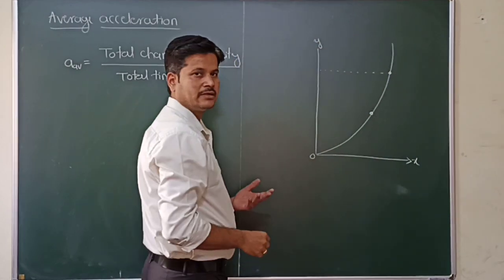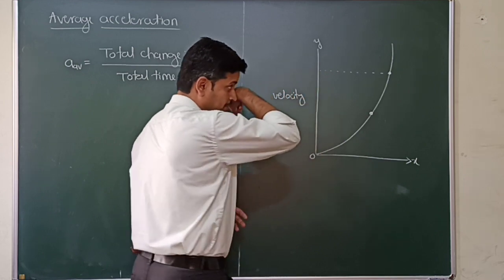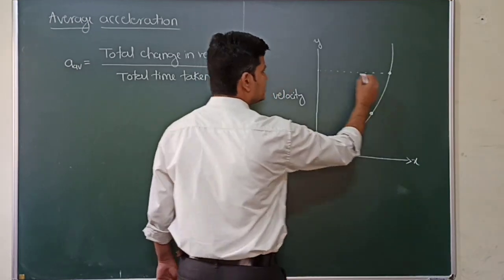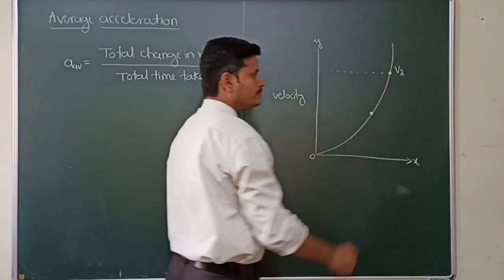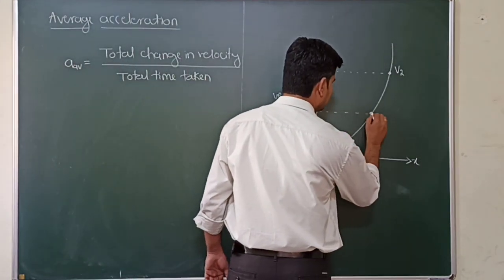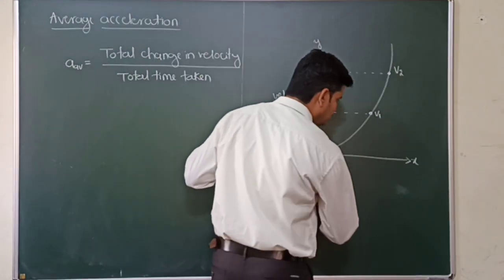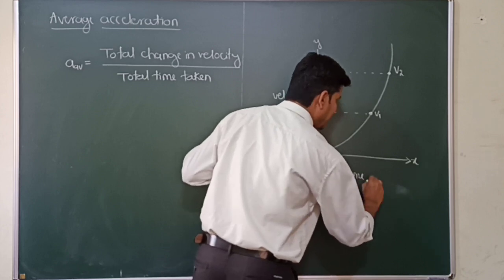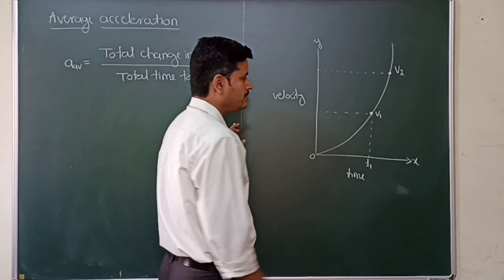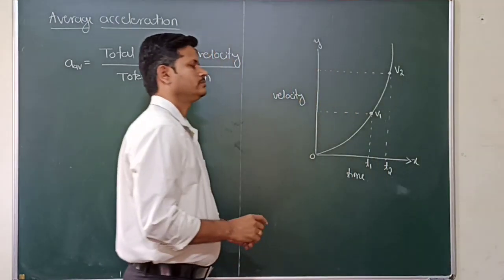Along the y-axis we are choosing the velocity, right? At this point the velocity is v2, and at this point the velocity is v1, correct? Along the x-axis we are choosing the time, therefore the time for v1 is t1, and similarly the time at this instant is t2.